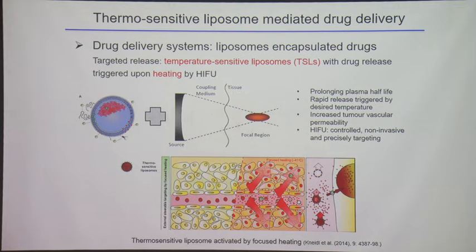Here we're interested in its thermal effect. You can design the system so that it focuses on the region fairly precisely. The focal region is somewhere right inside the tumor, and you only heat up the tumor, you don't heat up the normal tissues.